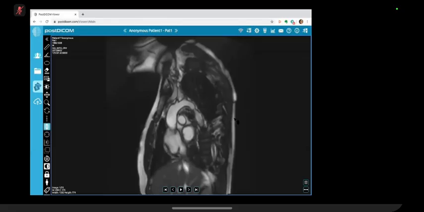So in the aortic arch, post origin of left subclavian, there is a focal stenosis, which is in keeping with coarctation of aorta. I will check with axial and coronal sequences as well.